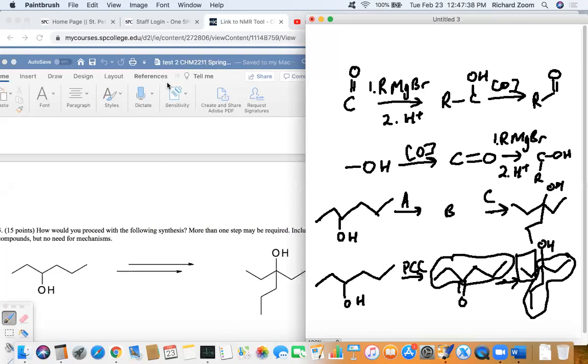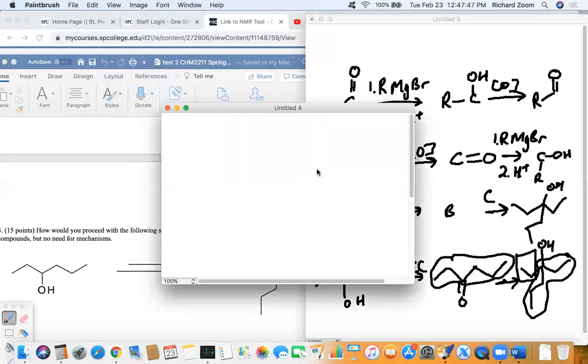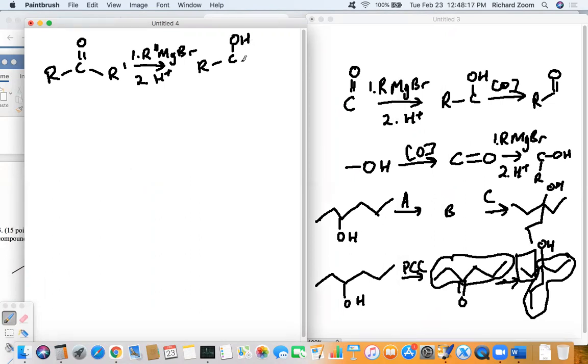Now, if you were to look at how a Grignard reagent reacts, it goes something like this. I'm just doing something very general here.